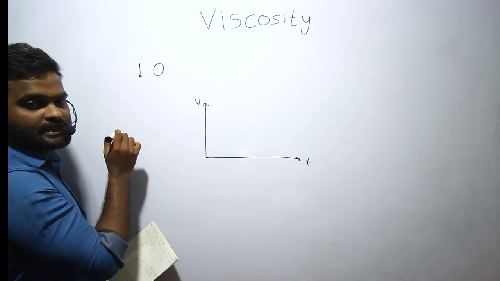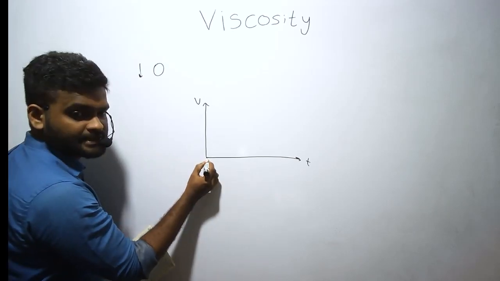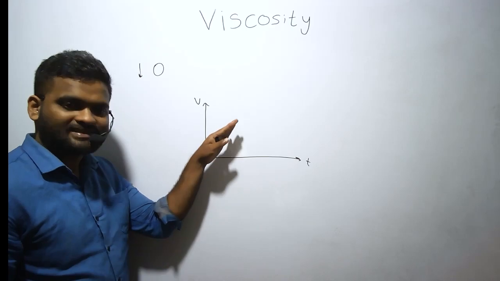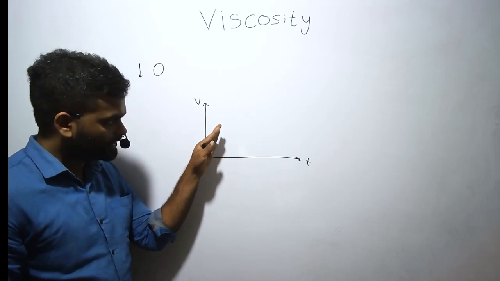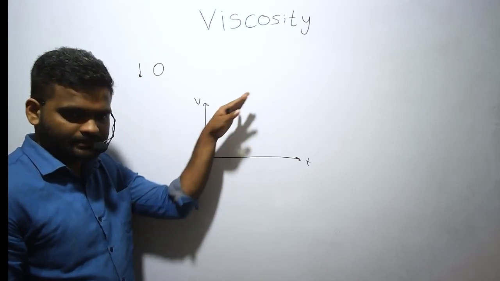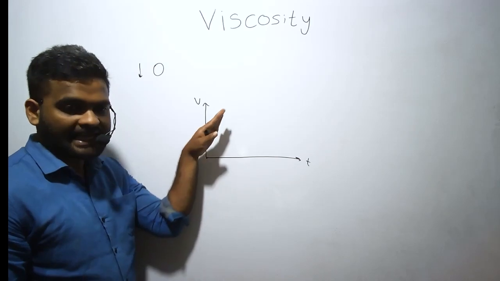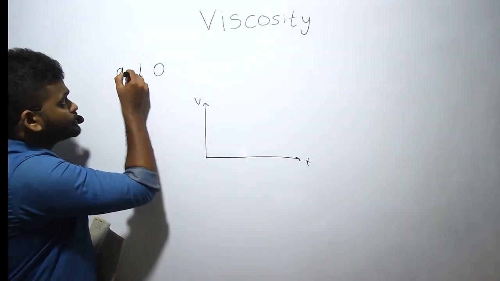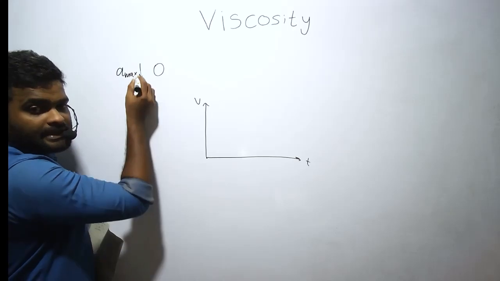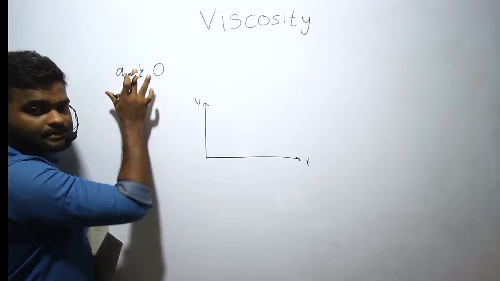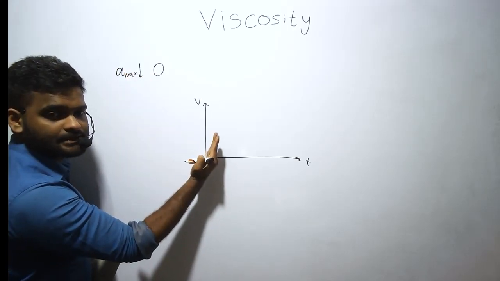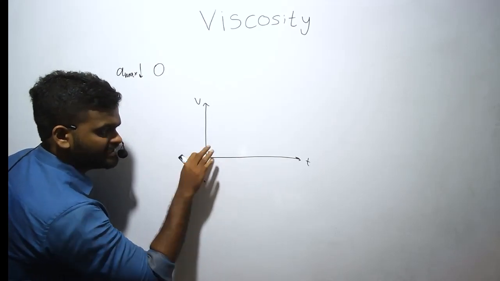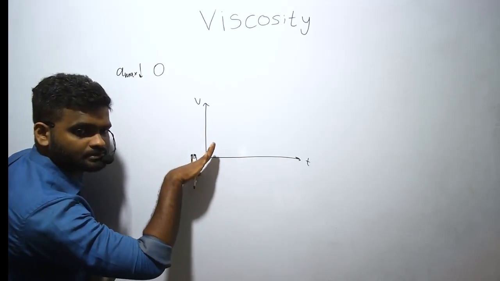Initially, when time is 0, in a velocity time graph, what's the gradient? Gradient is the acceleration. I think you know that. So at the initial moment, it has the maximum acceleration, meaning maximum gradient, meaning maximum slope.